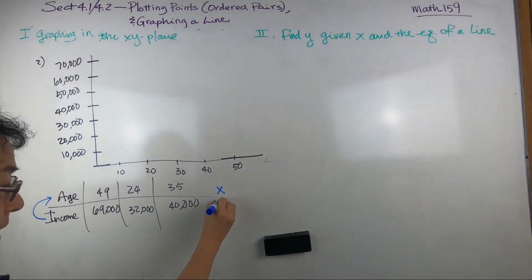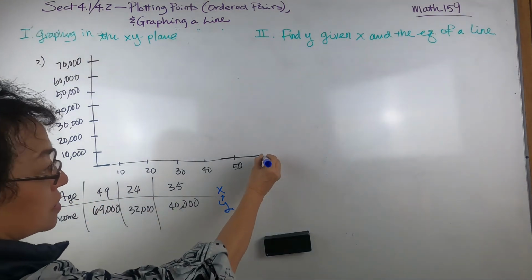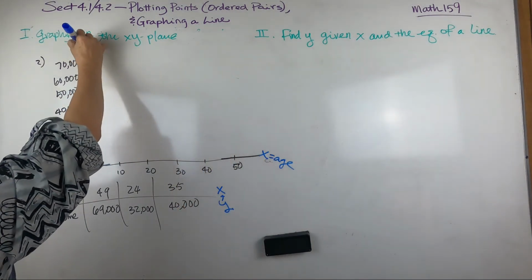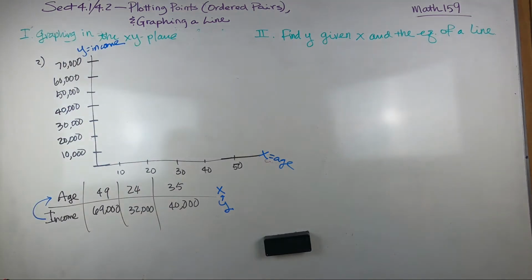Okay? Y depends on age. So X, with a frame of reference, you study about people's age. So X is your age. Then Y is the income. Okay, that's how we graph the points.